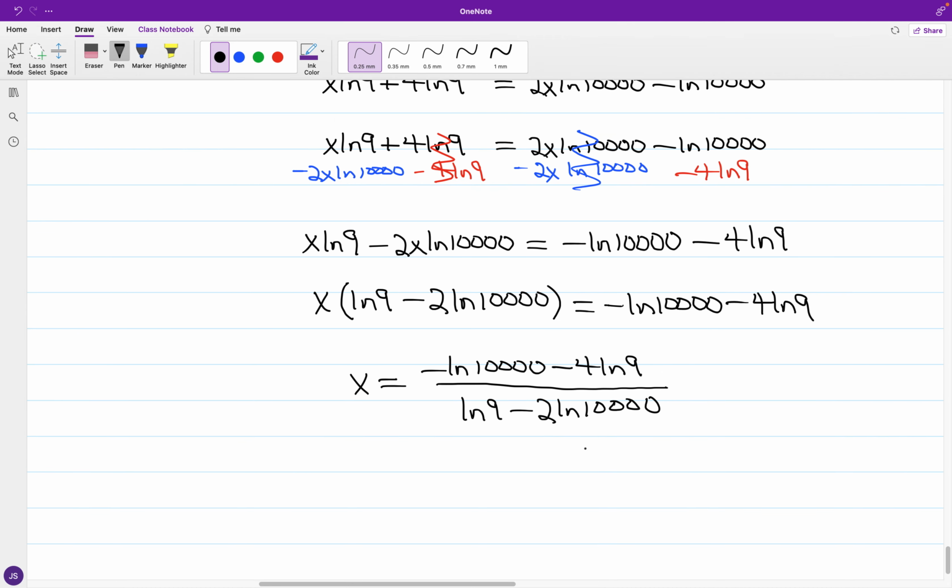Okay, and just put this in the calculator notation. I'm going to do a little bit of color coding.